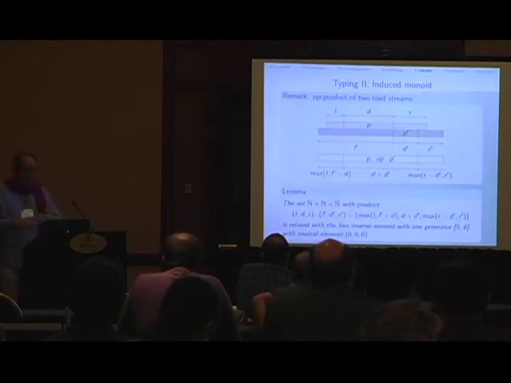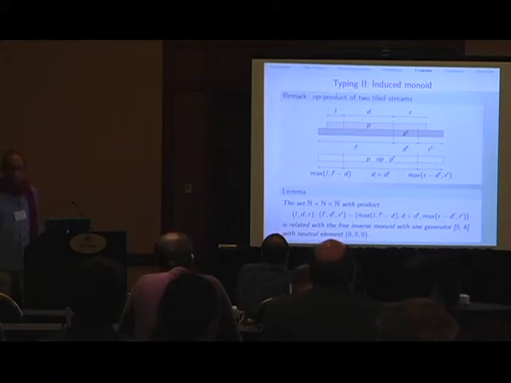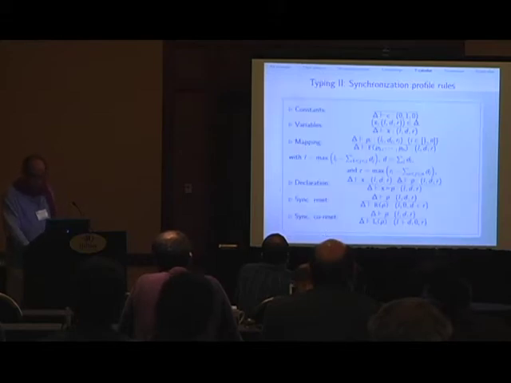The point is that if you make the product of two tiled signals, and you ask what the resulting synchronization profile is, well, actually you are reinventing the free inverse monoid of one generator, connected with free inverse semigroup theory. I won't comment more on that. There is a type system that infers all that.